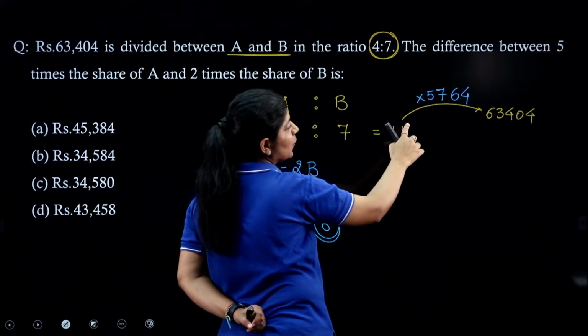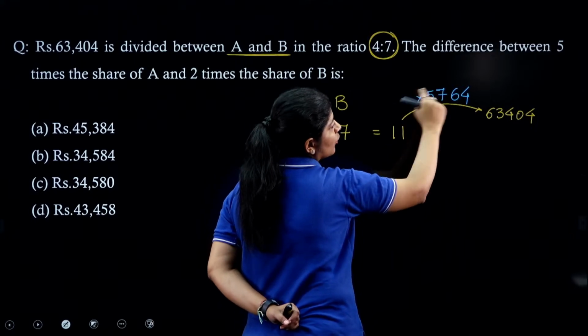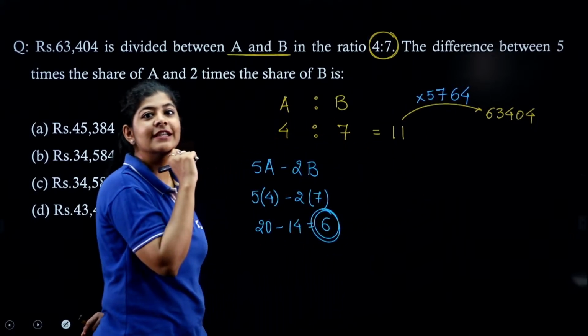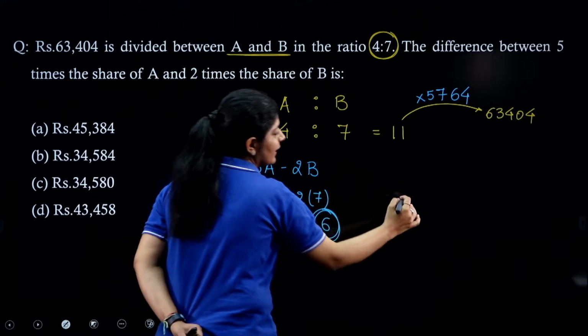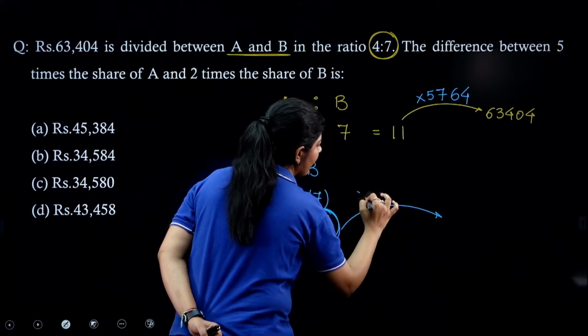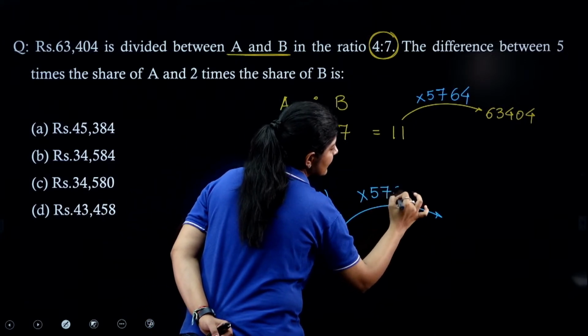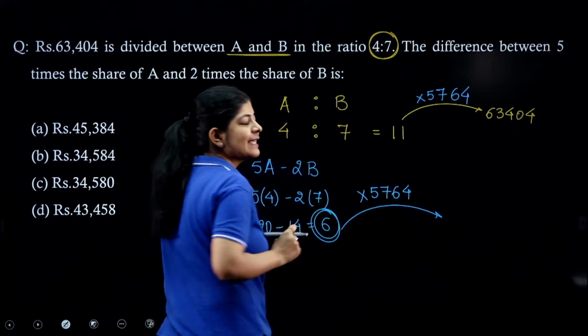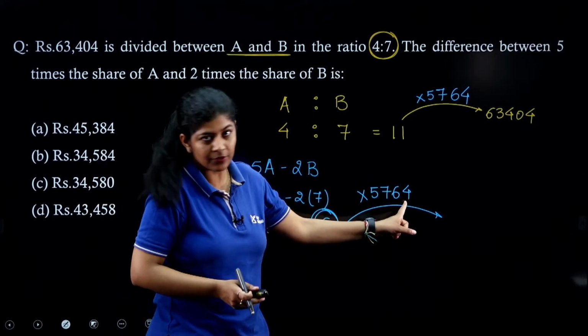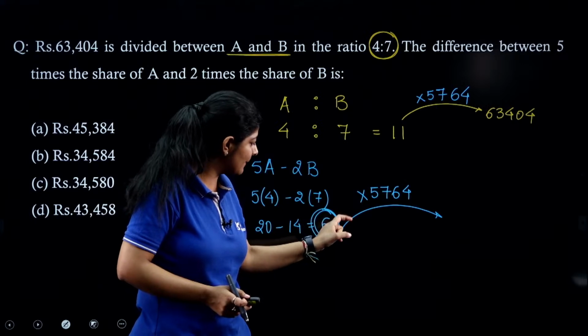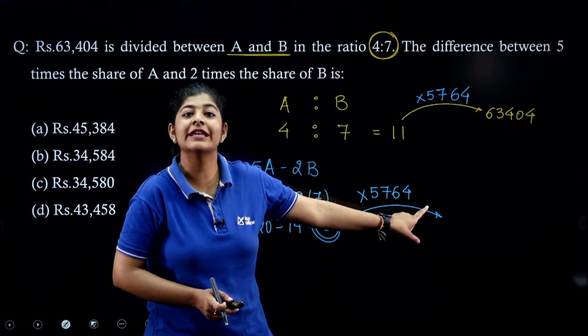And here we know that one multiple is 5,764. That means we need to multiply this 6 by 5,764. At the unit place, I can see that we have 4, and when we multiply 6 by 4, we get 24.